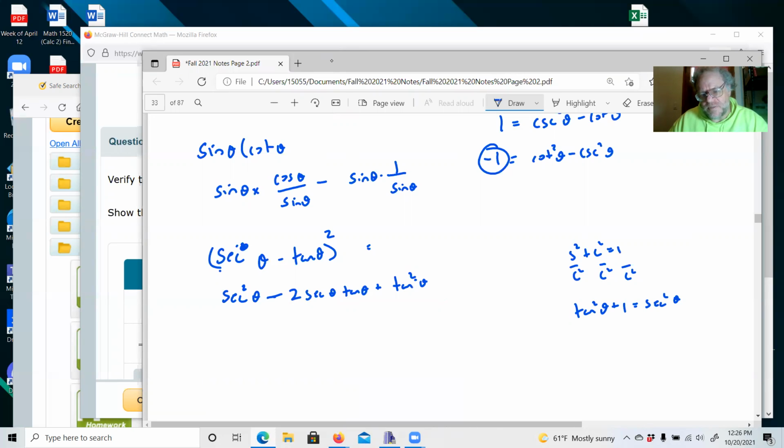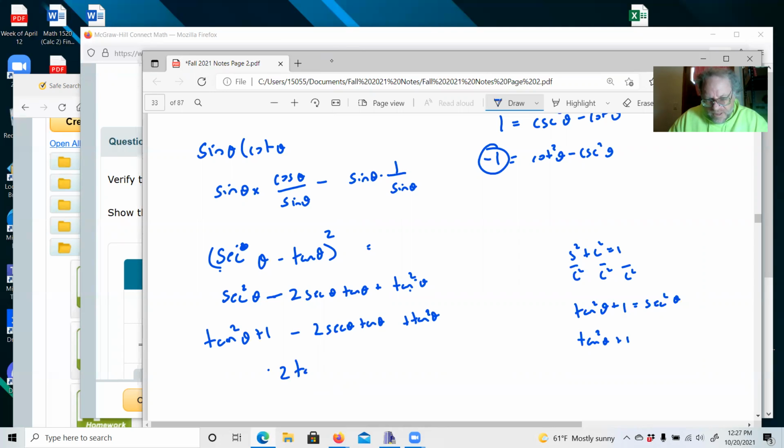So we have a tangent squared plus a secant squared. That's not going to quite do it. But let's go with a tangent squared theta plus, let's put tangent squared theta plus 1 minus 2 secant theta tangent theta here, and this plus tangent squared.